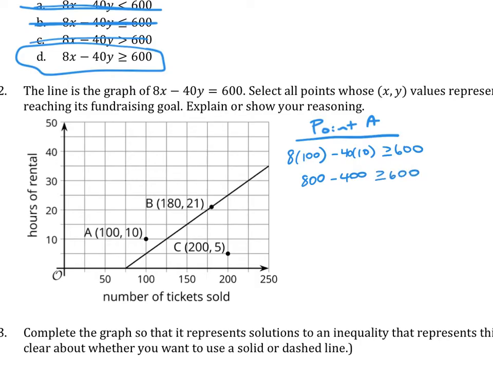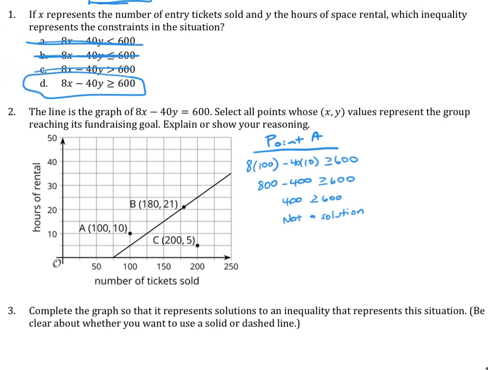Well, 800 minus 400 is 400. So we can see that this indeed is not a solution because 400 is less than 600. Okay, then I can go ahead and also look at point B.